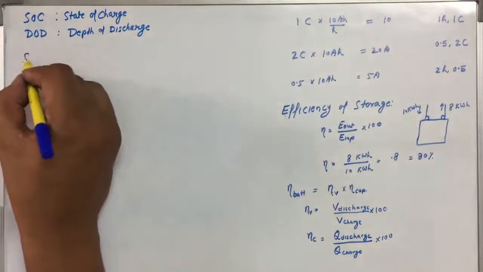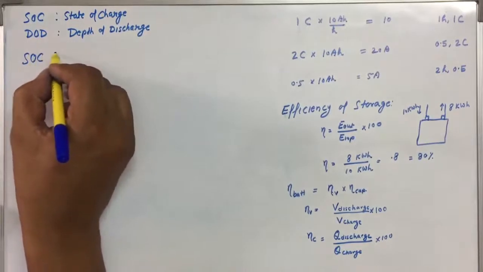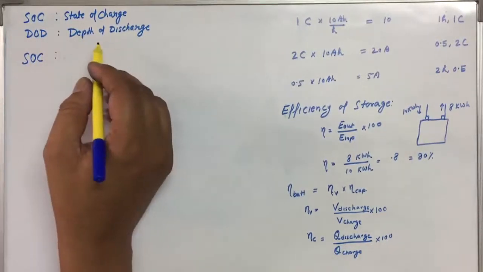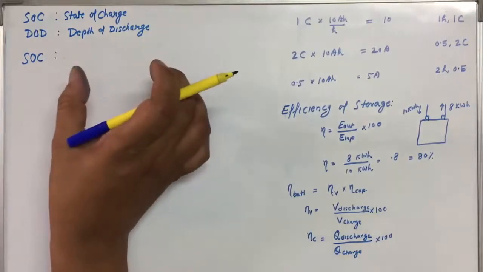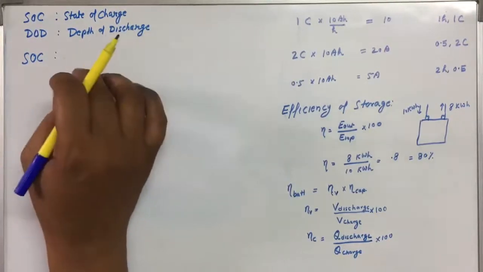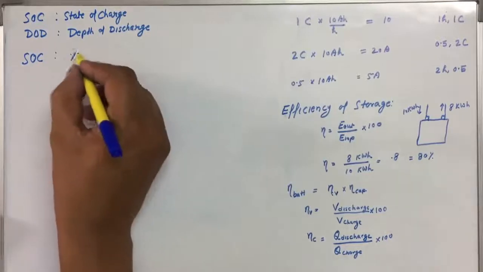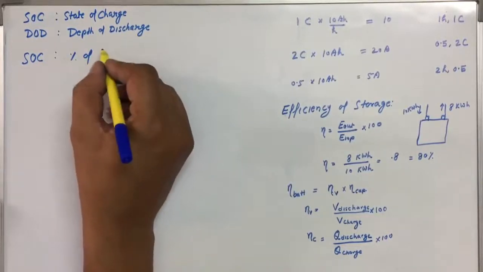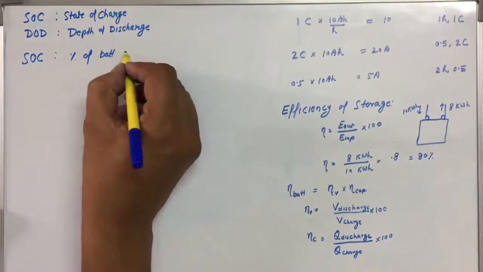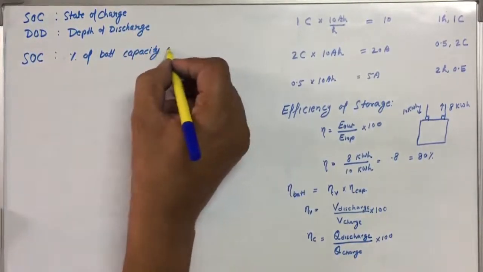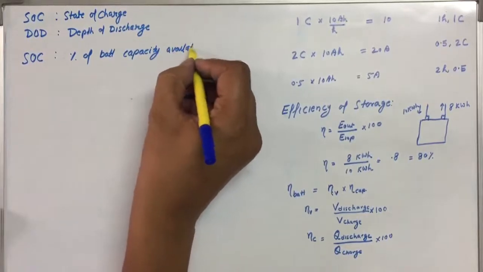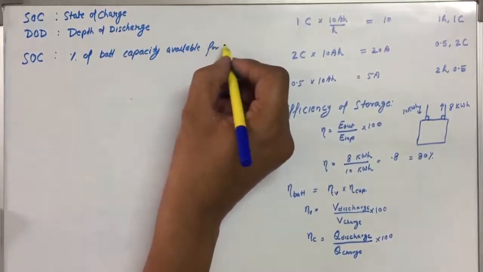So let us try to understand the state of charge. It is defined as the percentage of the battery capacity available for discharge.